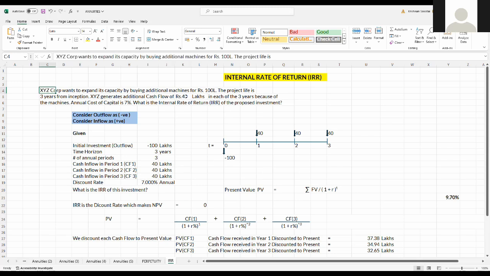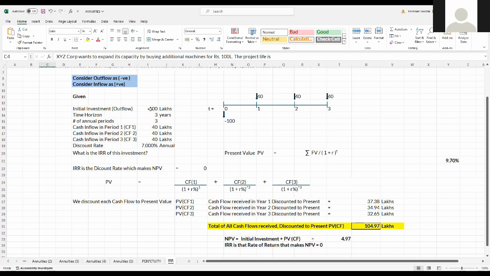Let's see what is given. Initial investment is 100 lakhs. Time horizon is 3 years. Number of periods is 3. Cash flow in year 1, year 2, year 3 is 40 lakhs, and the discount rate is 7%. This is the present value, the sum of all the cash flows occurring in each of the periods.